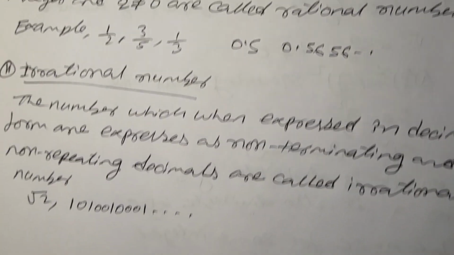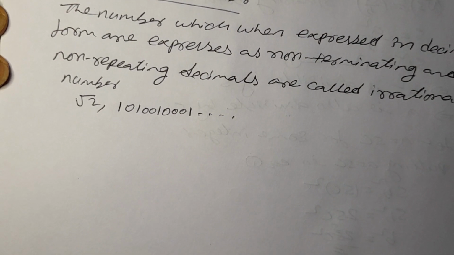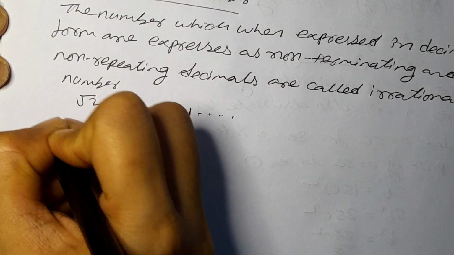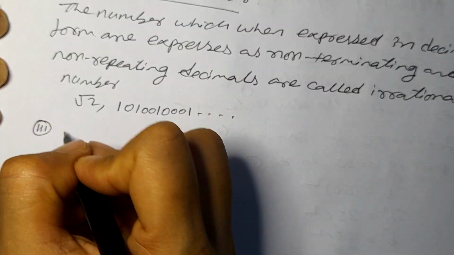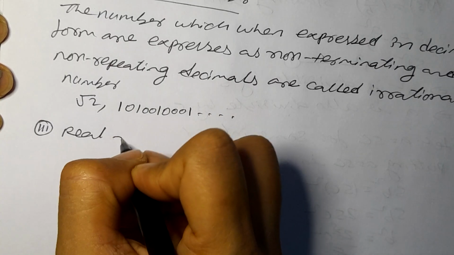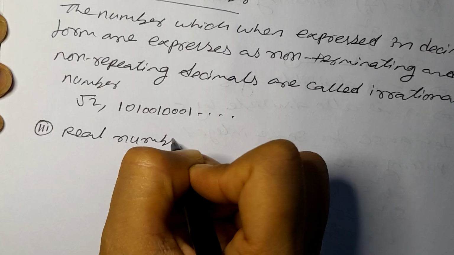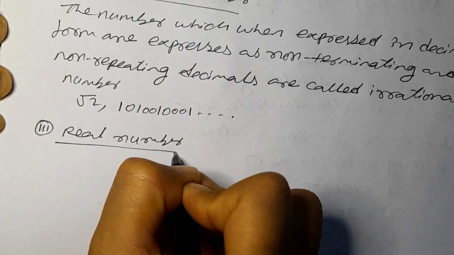Now we need to write for the real number. What is a real number? A combination of all the numbers. But we cannot just write the combination of all the numbers; we have to write it in words. What is a real number?